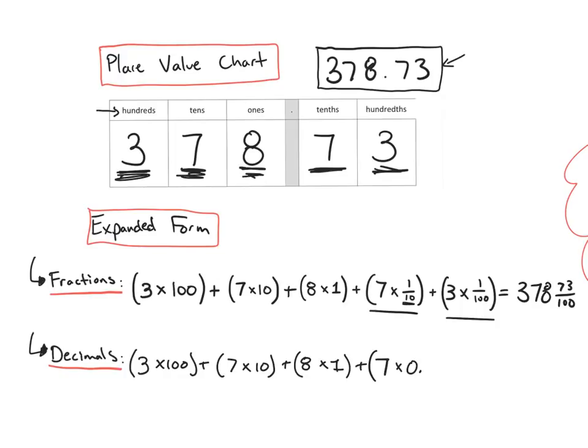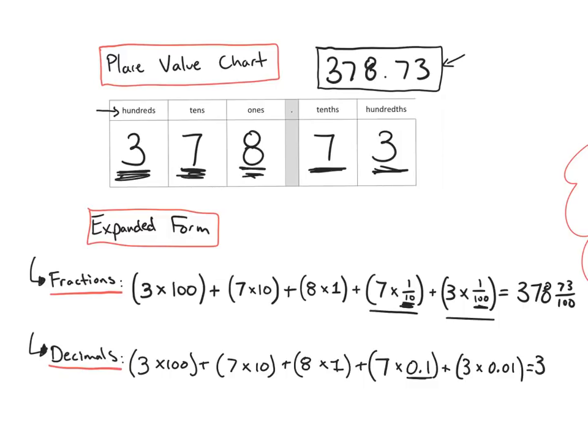So 0.1. All I've done to represent it as decimals is I've changed this 1/10 written as a fraction to 1/10 written as a decimal. And then I still have 3 in the hundredths place, but I'm going to change this 1/100 written as a fraction to 1/100 written as a decimal, which is 0.01.